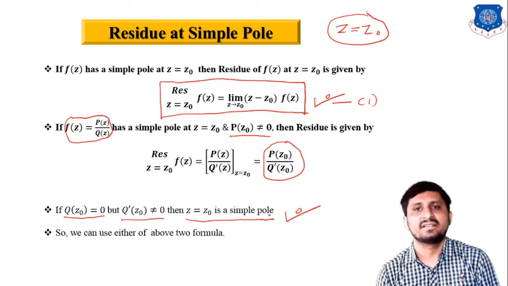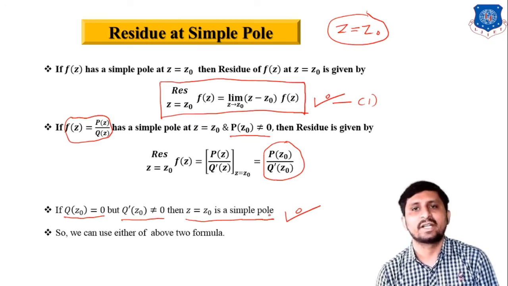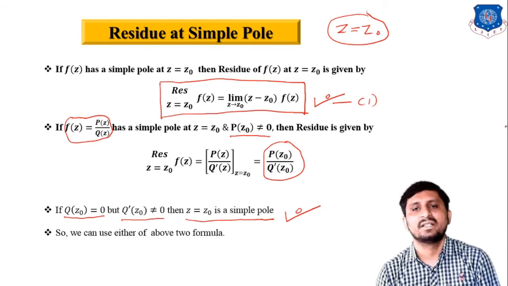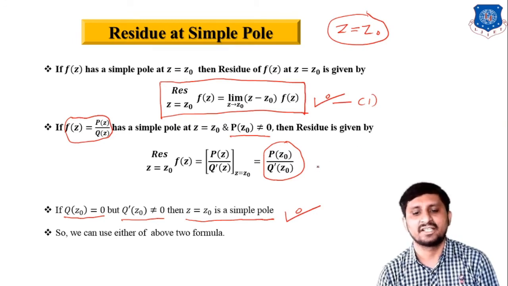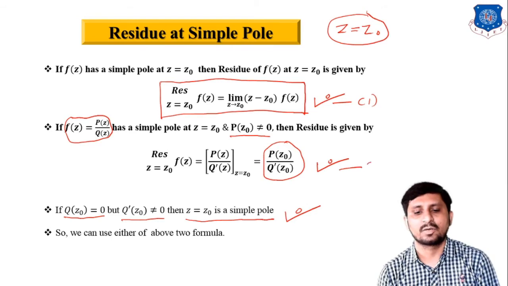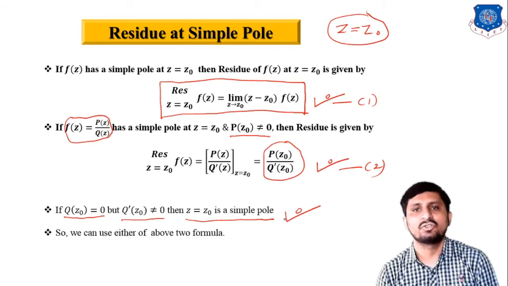That means the denominator is 0 at point z is equal to z0, but the differentiation of that function is not equal to 0 at point z is equal to z0, then we can say that z0 is a simple pole, and after that you can easily apply this formula number 2. So we can use either of the above two formulas.